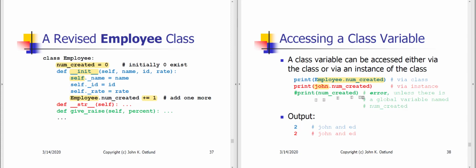Okay, so if we were to append these two print statements on the bottom of our existing code, we would get told that there are 2 employees that have been created, because John has been created and Ed has also been created.